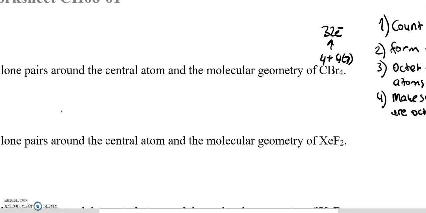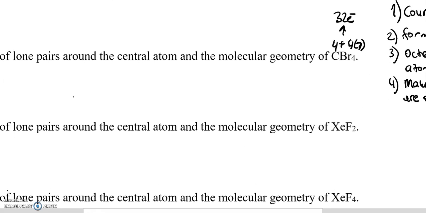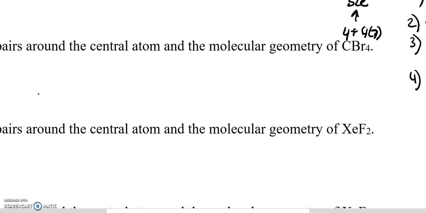Now I'm going to write a skeleton. So now we're going to form the skeleton. I'm going to have the carbon in the center, bromine on the left, bromine on the right, bromine on the bottom, and bromine on the top. If you have 2, you just put them next to each other. If you have 3 around the central atom, you make a triangle.